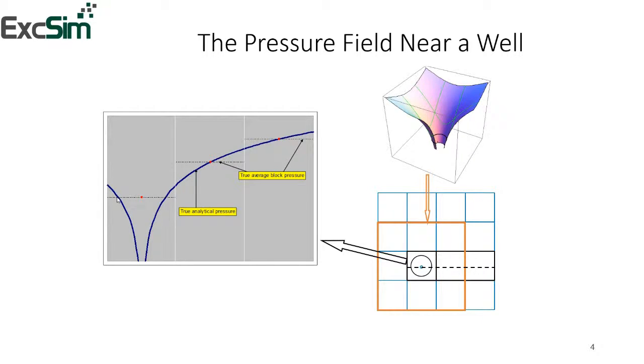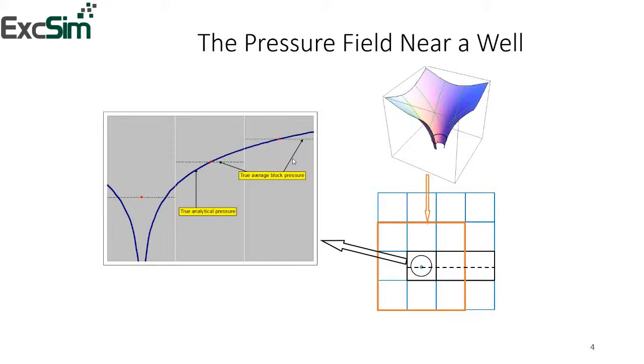Here, this line shows where the average well block pressure is, and that's what you're trying to estimate in your simulator. And here's the average pressure of the neighboring grid block, and there's the average pressure of the block beyond that.